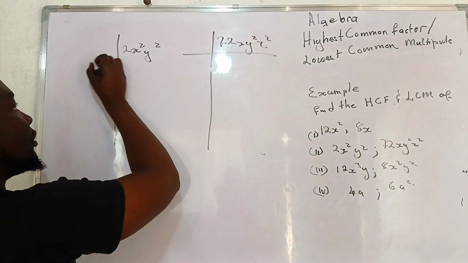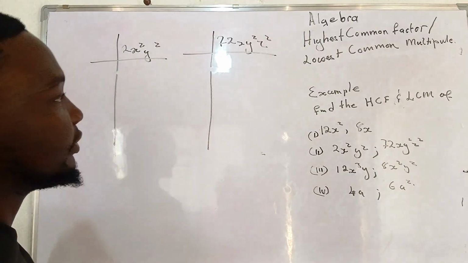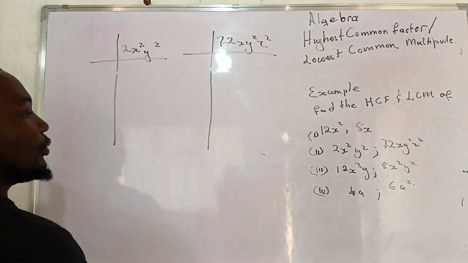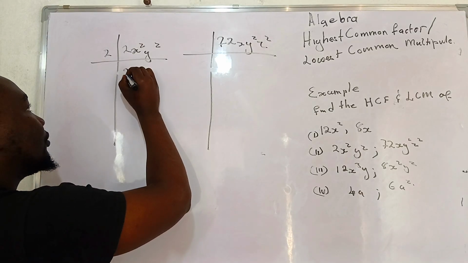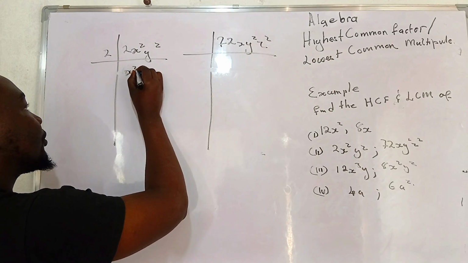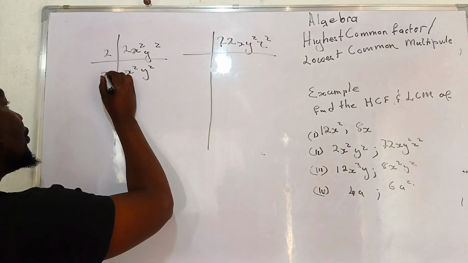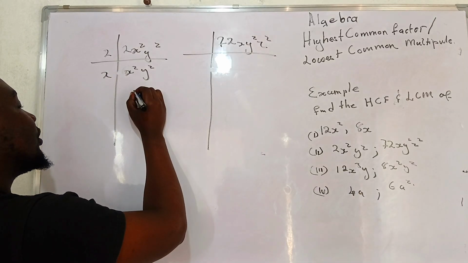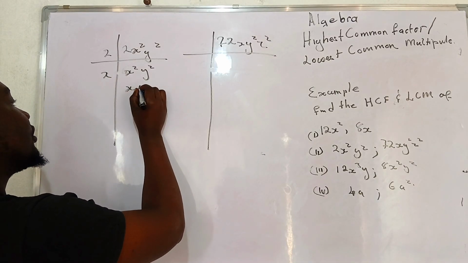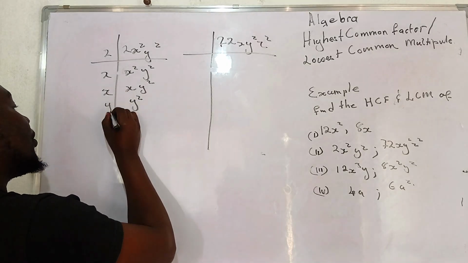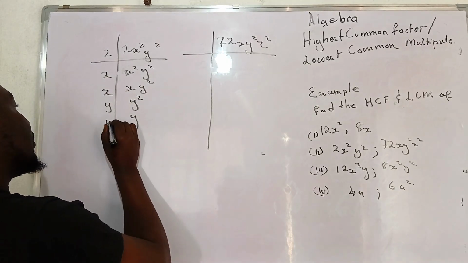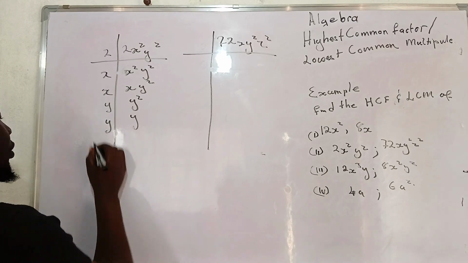We express them as products of prime factors first. So 2 here, we have x²y². This one becomes x, y², x, y, y. So this one is a product of prime factors.